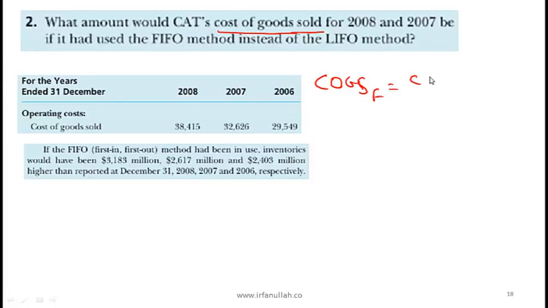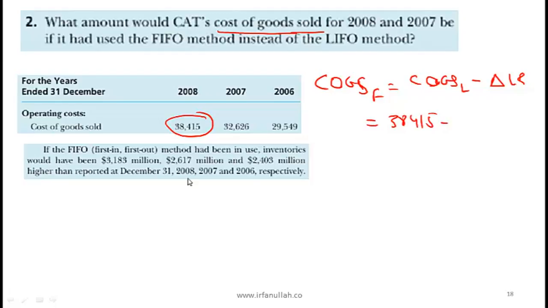It is equal to COGS according to LIFO minus the change in LIFO reserve. Okay, what is that equal to? What is COGS LIFO in 2008? That is this number, 38415, minus, how do you figure out the change in LIFO reserve?